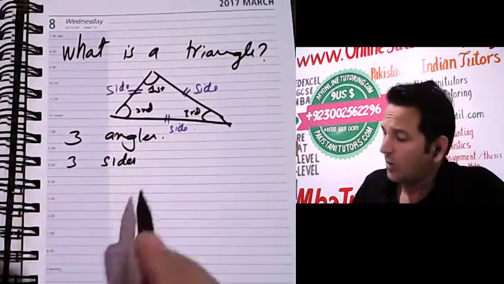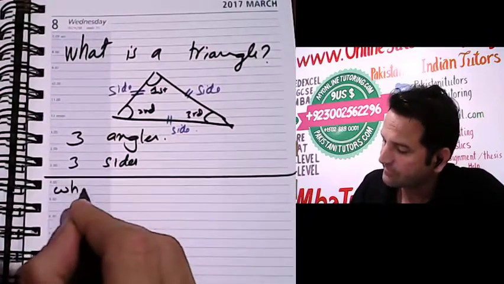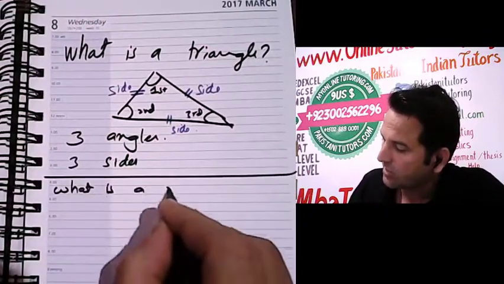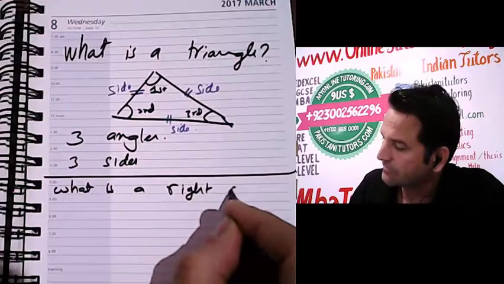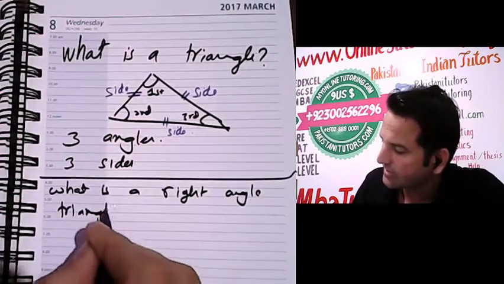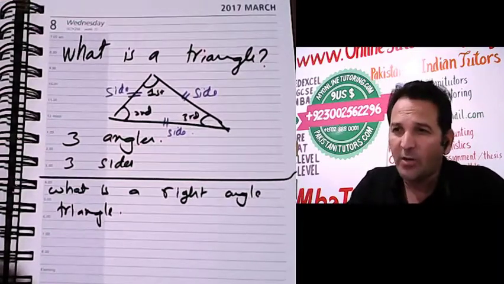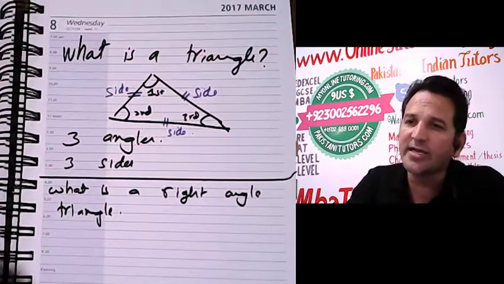Now, what is a right angle triangle? All the things which we cover in this topic of trigonometry will be related to the right angle triangle.